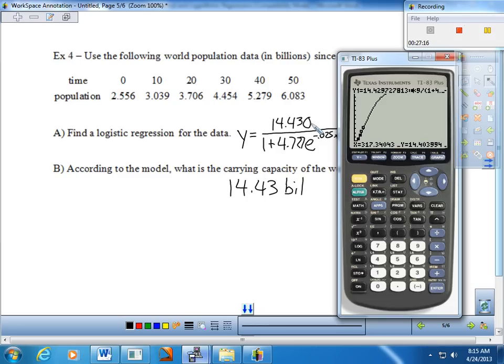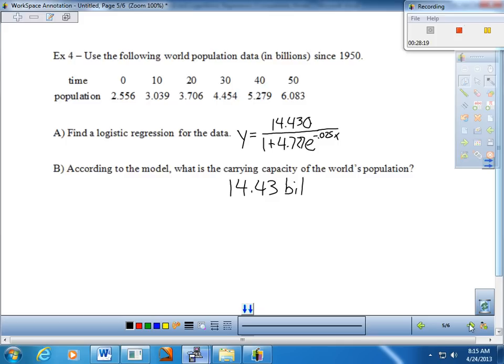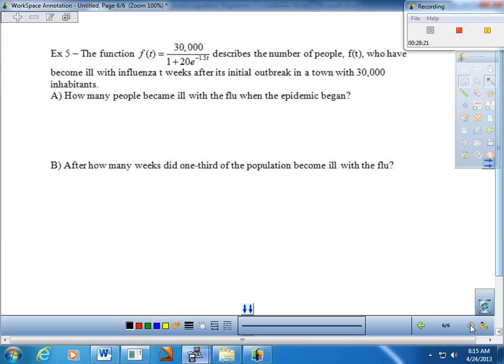All right, beautiful. Hey, one more piece, and then we'll wrap this on up here. Example 5. So we've got one logistic function, and this describes the number of people, so dependent variable, the number of people who have become ill with the flu T weeks after its initial outbreak in a town with 30,000 inhabitants, hence your carrying capacity.